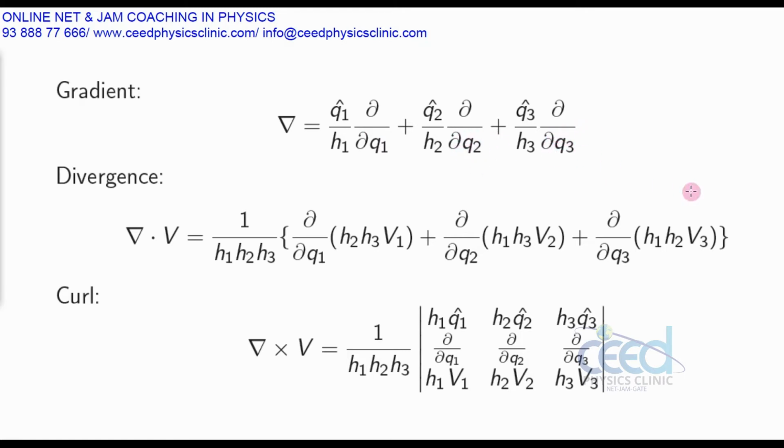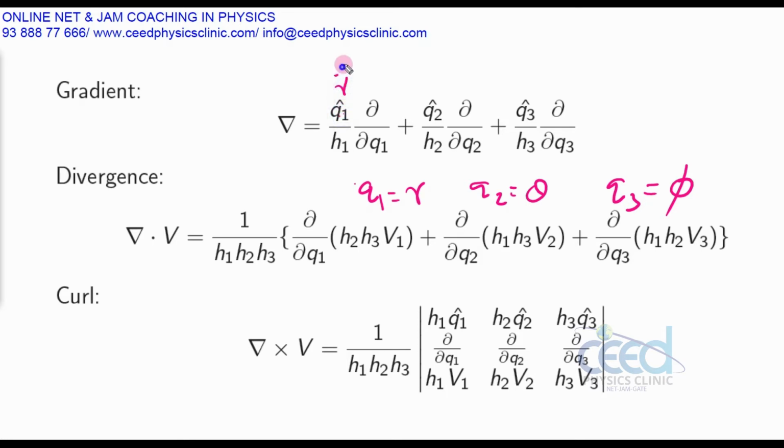If you select the gradient representation in spherical polar coordinates, then you can take q1 equal to r, q2 equal to theta, and q3 equal to phi. So what is q1 cap?